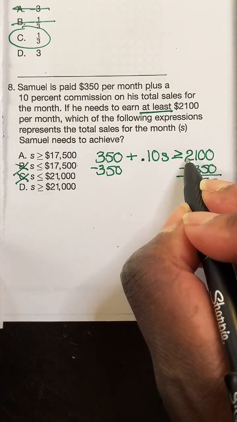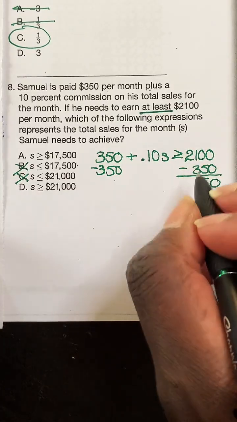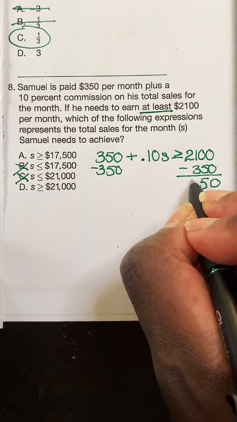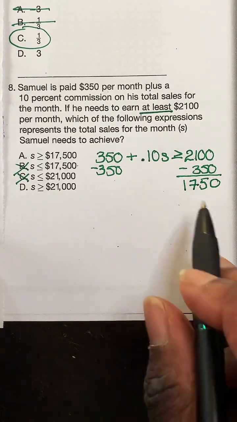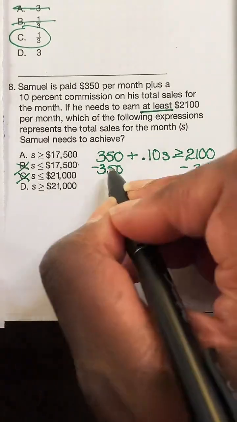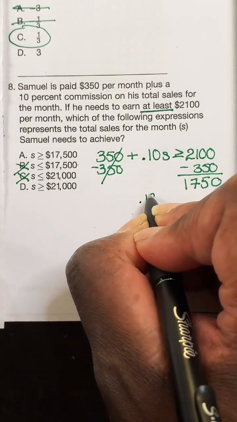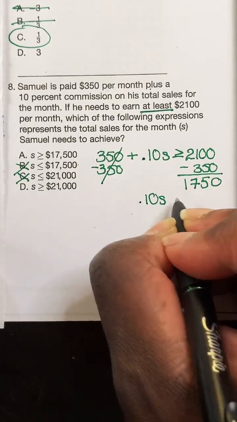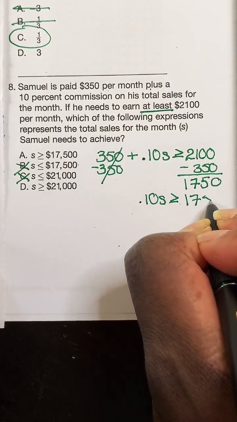Now this is a 0. We got to borrow from this 2 to make it a 1. So we make that into a 10. 10 minus 3 is 7. And we bring down the 1. That's where this 1750 is slowly coming from. That's gone. Now we got our 0.10 S is greater than or equal to our 1750.